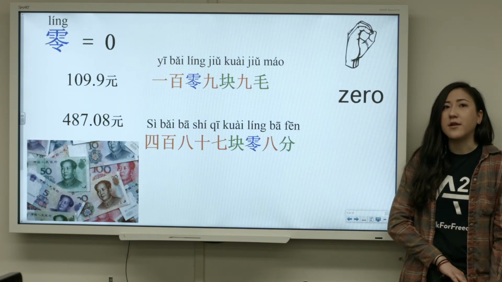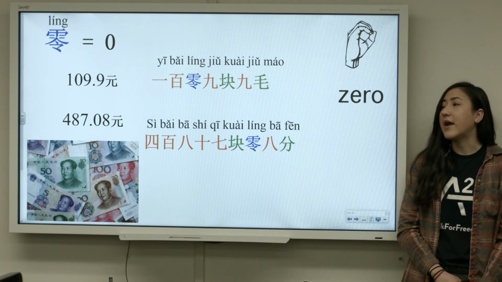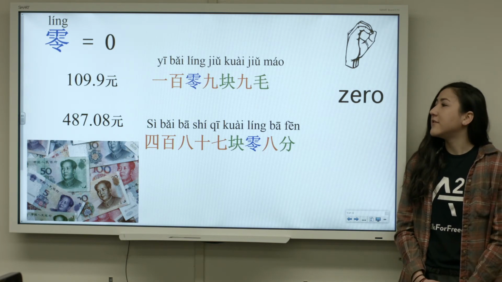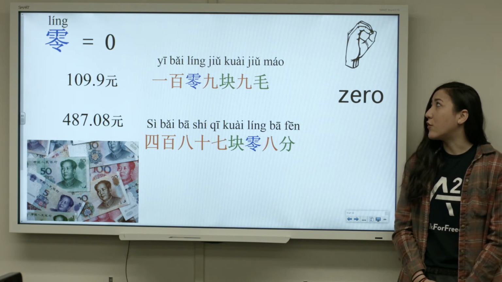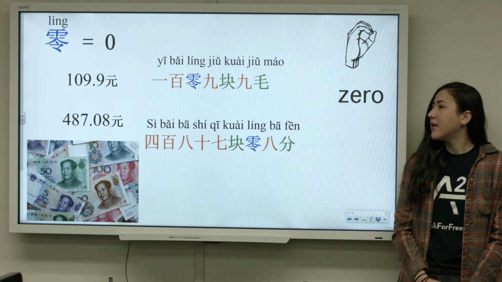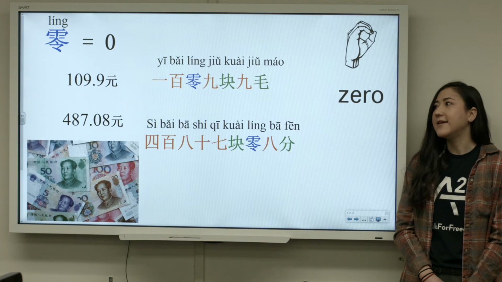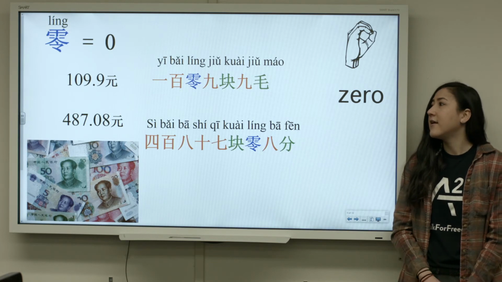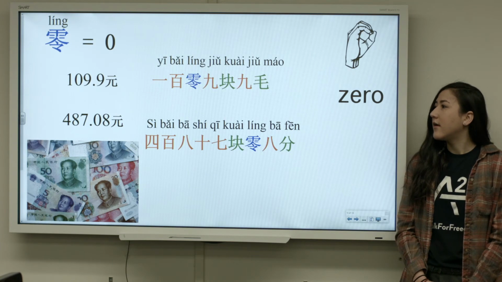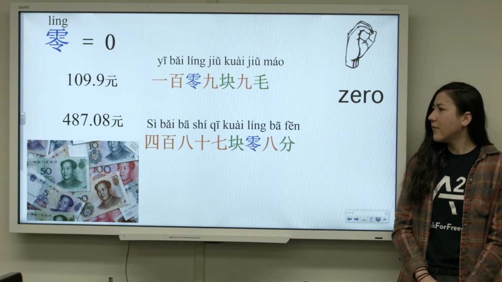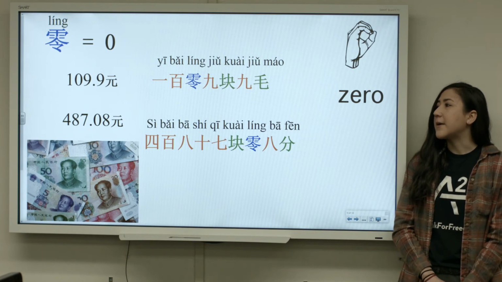And next we're going to talk about ling, which is 0. So when a number has a 0 in it, you have to speak it out. In this first example, we say 109块9毛. So 100 is 100, and then ling is the 0 that you have to say. 9块9毛. In this next example, it's also the same.